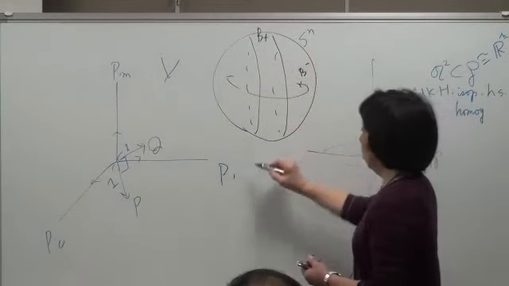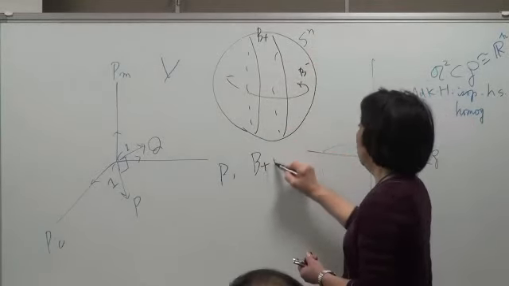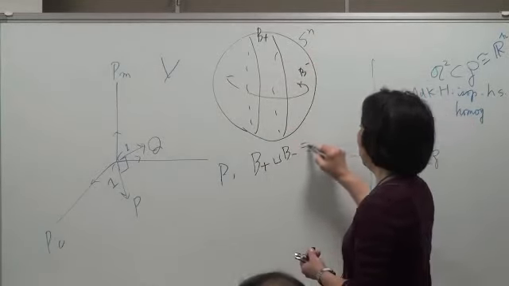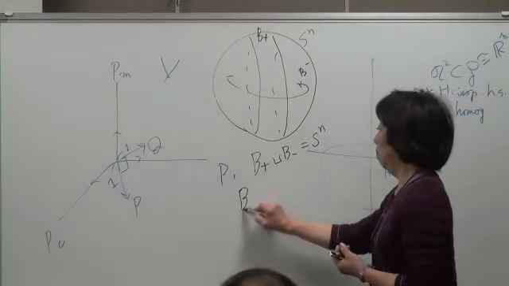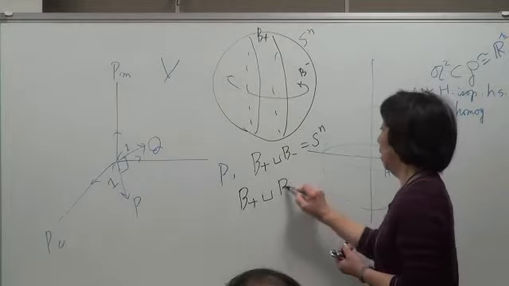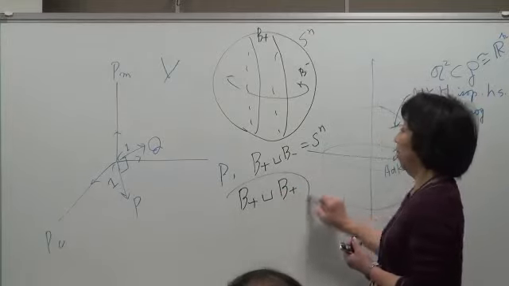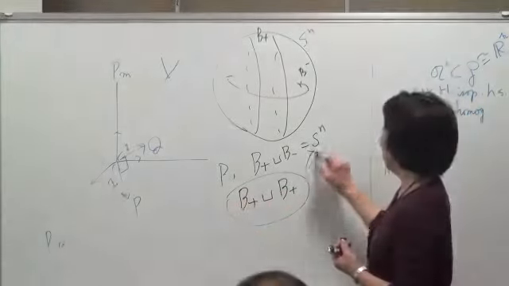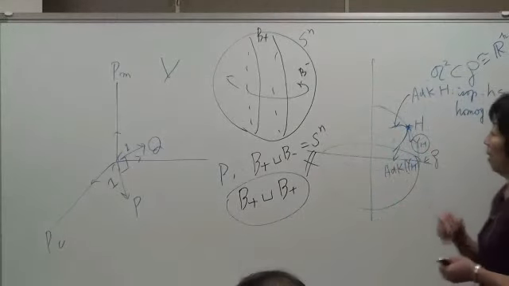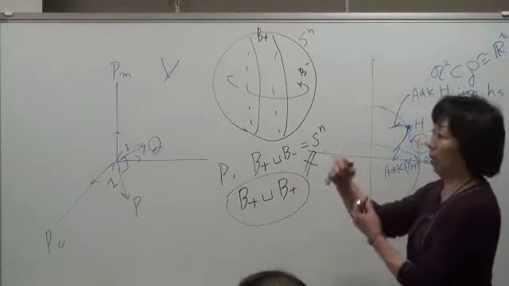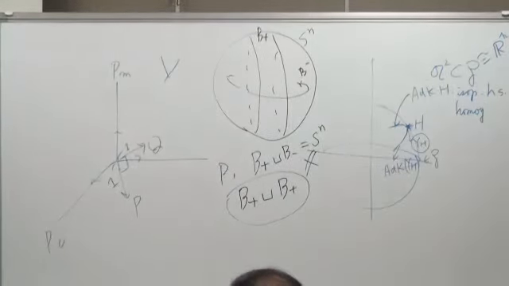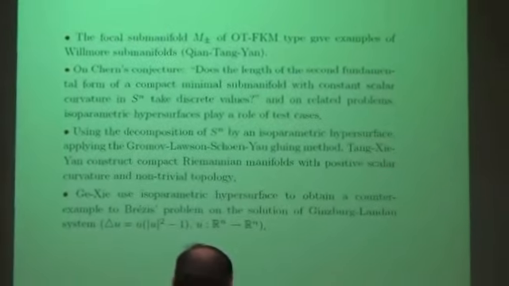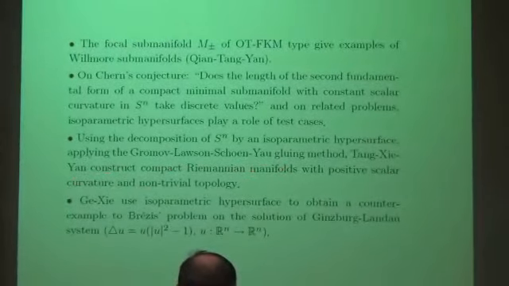If we glue B plus with B minus, then this is nothing but the original sphere. But if we glue B plus with B plus, this becomes another manifold, not a sphere. But the gluing is very difficult, so they use the gluing method of Gromov, Lawson, Schoen, and Yau, and they obtain such positive scalar curvature manifolds.